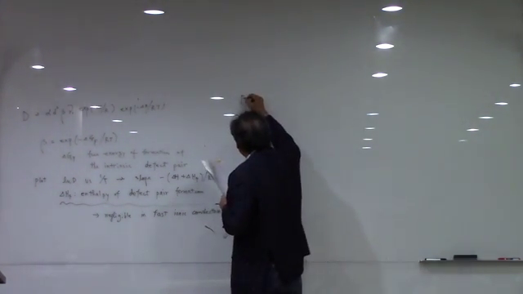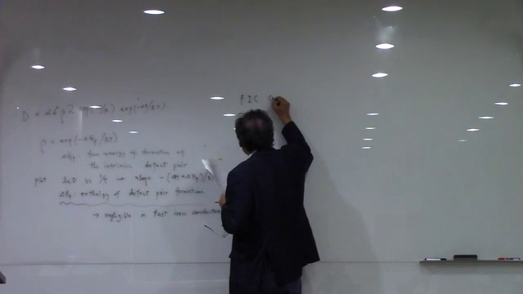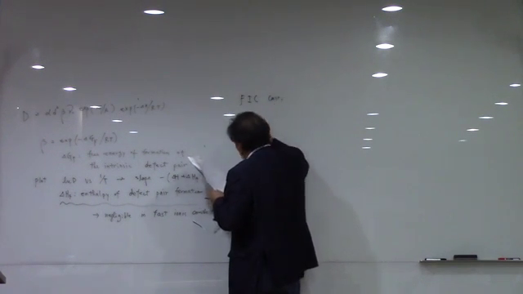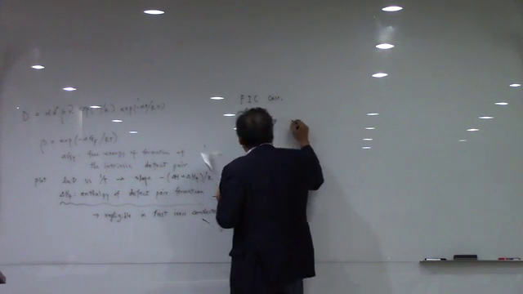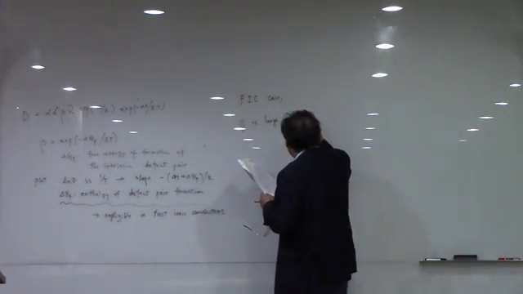So in the fast ionic conductor case, beta is large and not a function of temperature.